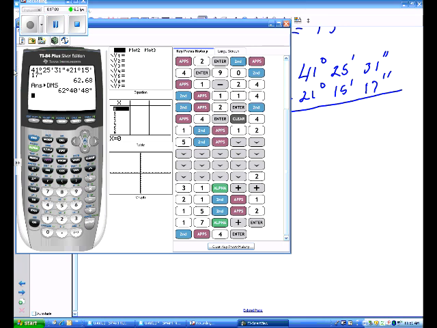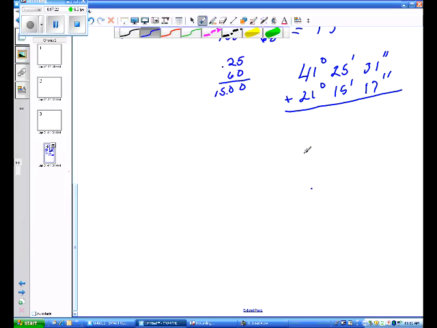Now, we also need to be able to find our functions with our degrees, minutes, and seconds with our calculator. And so let's say we want the cosine of 37.8 degrees.